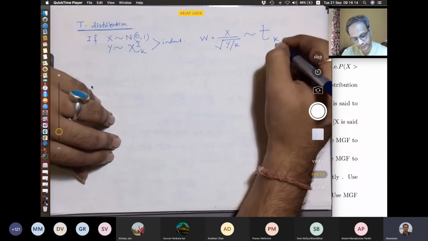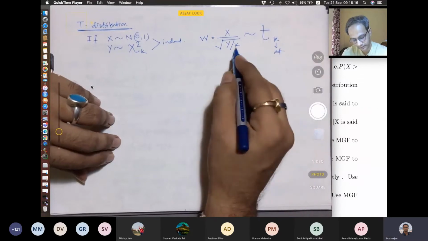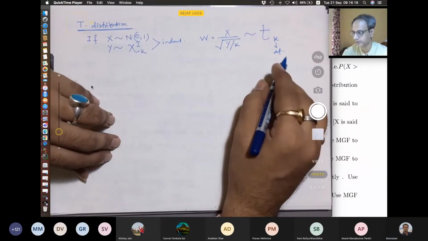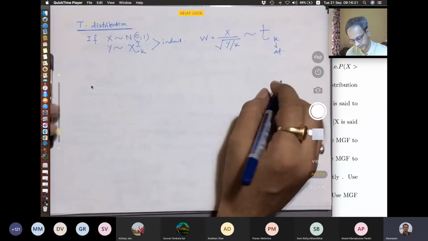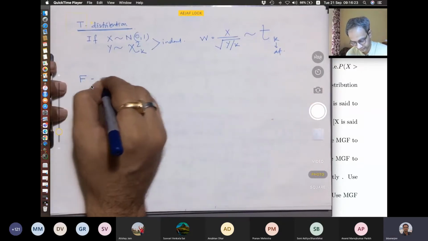So this is the df, the same df as the chi-square will come here. This is one thing. Another is the F distribution.